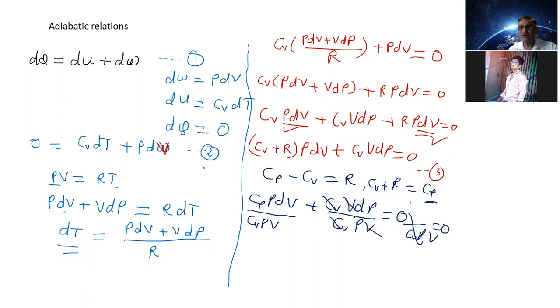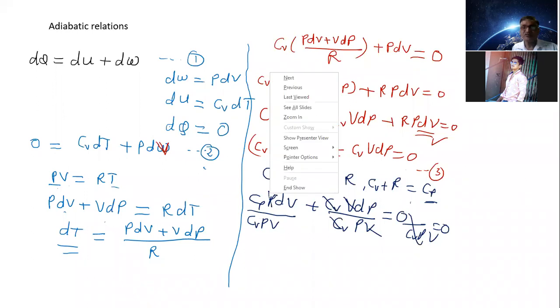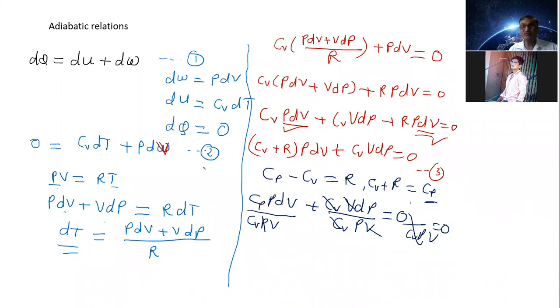V also gets cancelled. In this case, we can have the cancellation for P. This P also gets cancelled here. And then Cp upon Cv is equal to constant gamma, the ratio of specific heats at constant pressure and volume, that is gamma.